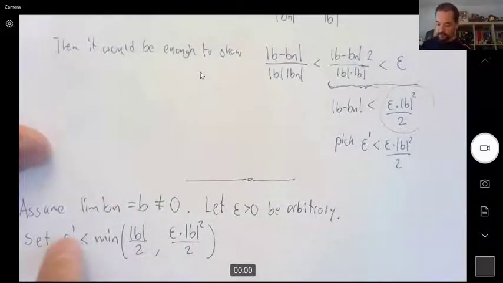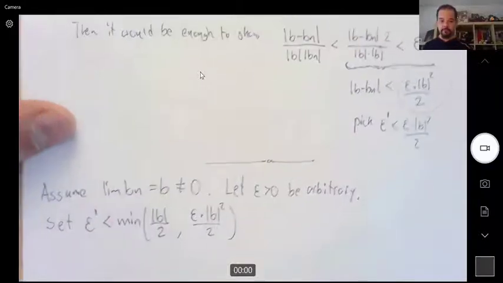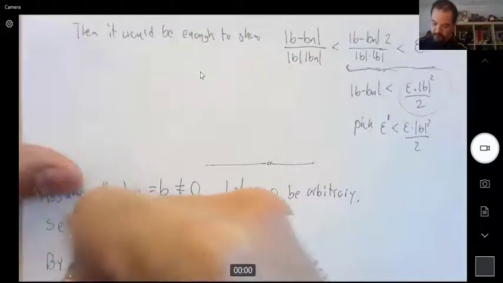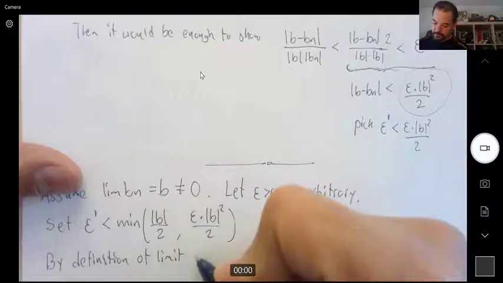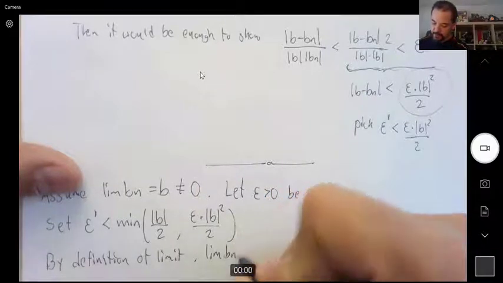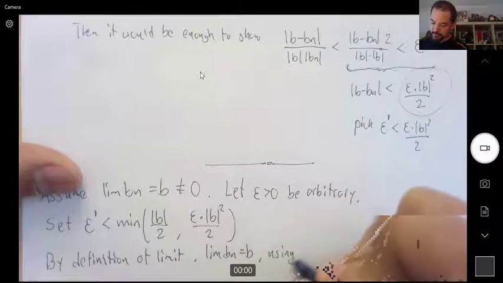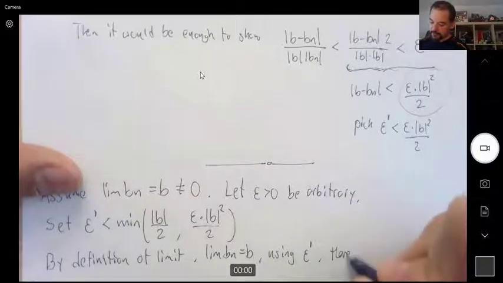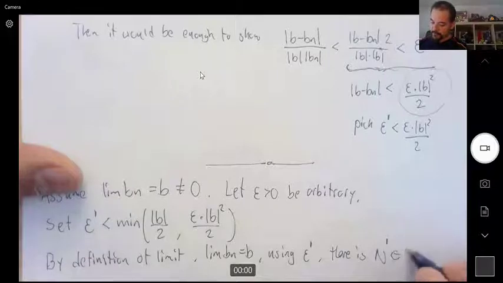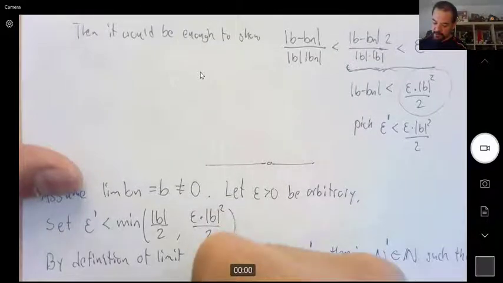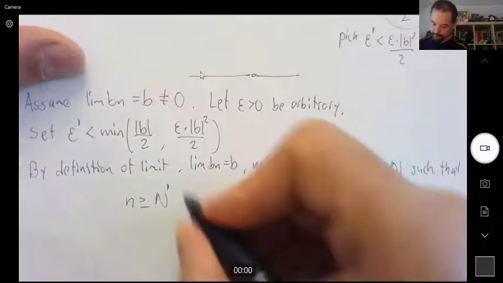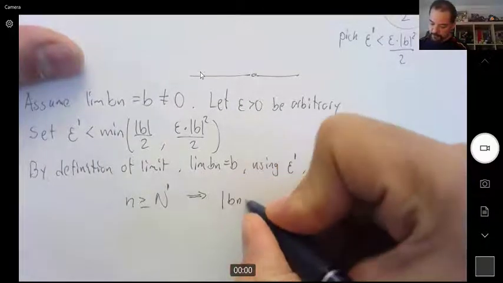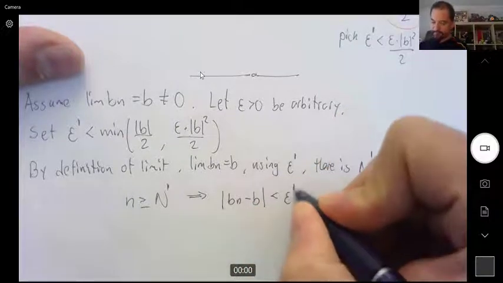Perfect. So then we use this epsilon prime with our definition of limit. I'll write it here. By definition of limit, limit bn equals b, using epsilon prime, there is n prime a natural number such that if little n is bigger than n prime, then absolute value of bn minus b is less than epsilon prime.